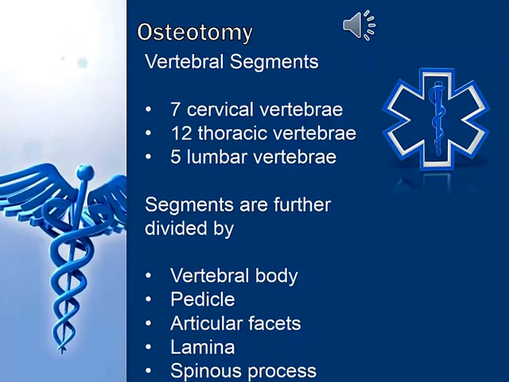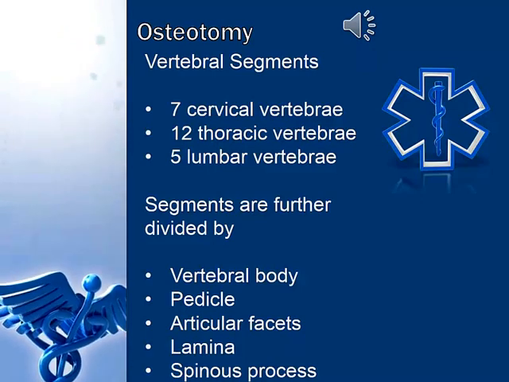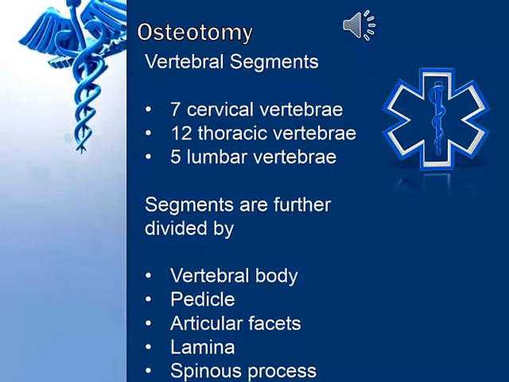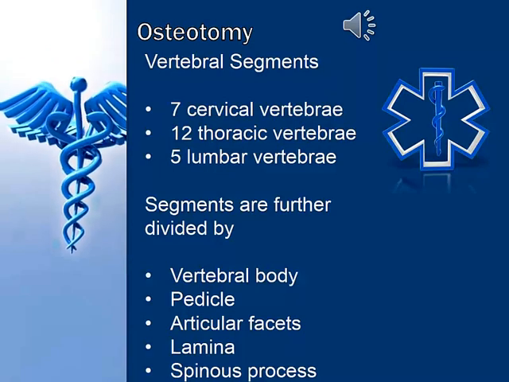Within each of those vertebrae, you will find that there's a vertebral body, a pedicle, articular facet, lamina, and there's a spinous process within each one of the vertebrae. Okay? Each one contains that. And I'll explain further in a second.